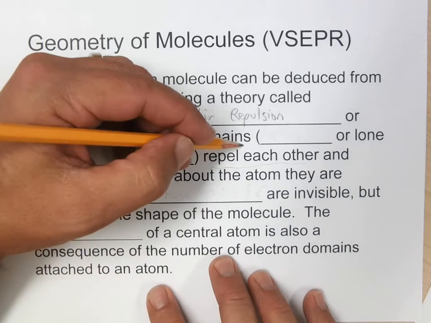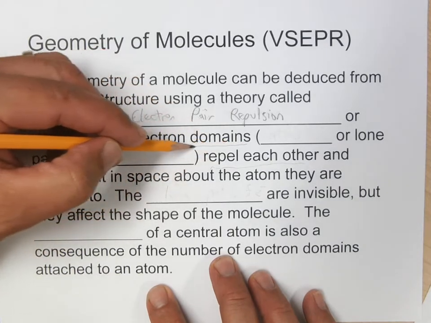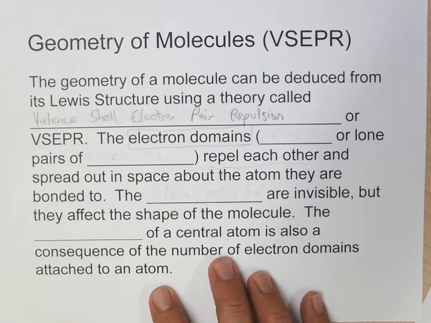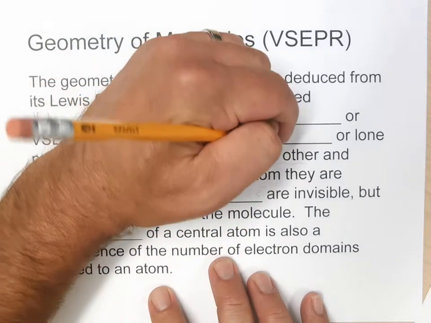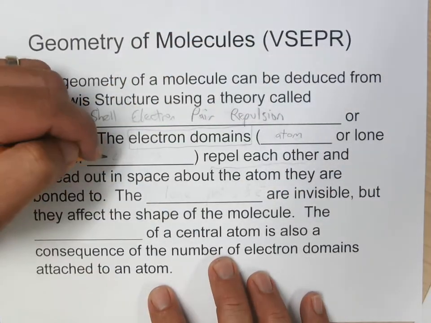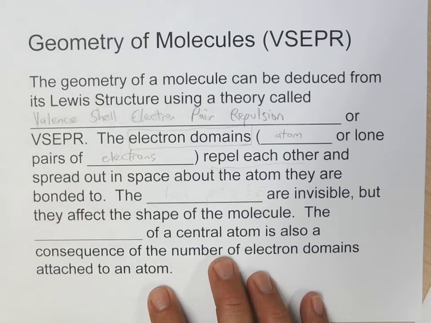And an important idea: they used to try to count electron pairs, but that led to some misconceptions. So now we use the term electron domains. Each electron domain is either an atom bonded to the central atom or a lone pair of electrons, but those 2 types of things will repel each other and spread out in space about the atom they're bonded to.